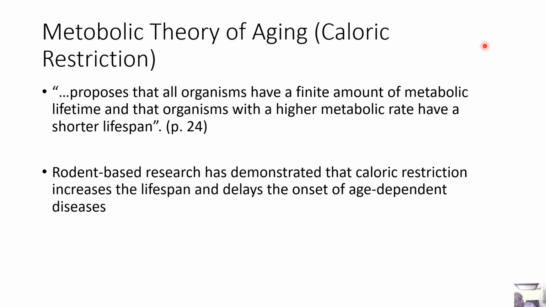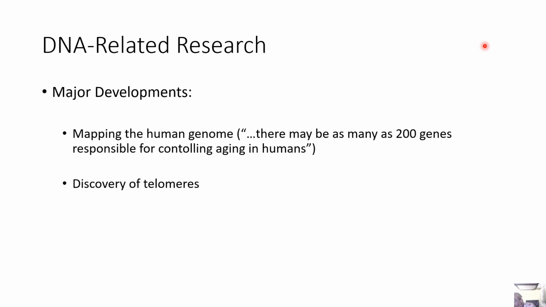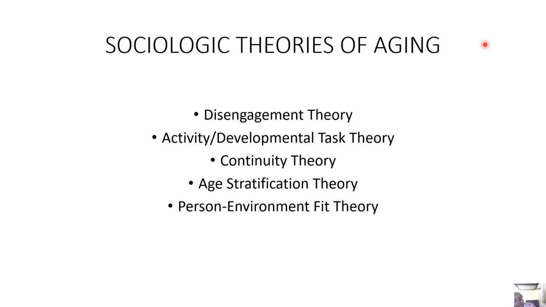Rodent-based research has demonstrated that calorie restriction increases the lifespan and delays the onset of age-dependent diseases. Now, if we talk about DNA-related research, major developments in mapping the human genome suggest there may be as many as 200 genes responsible for controlling aging in humans, and there was the discovery of telomeres.